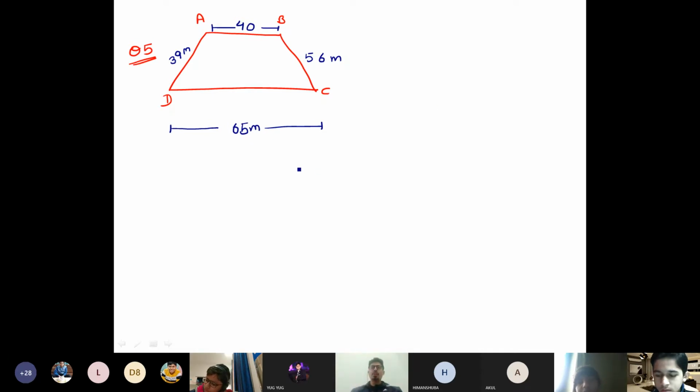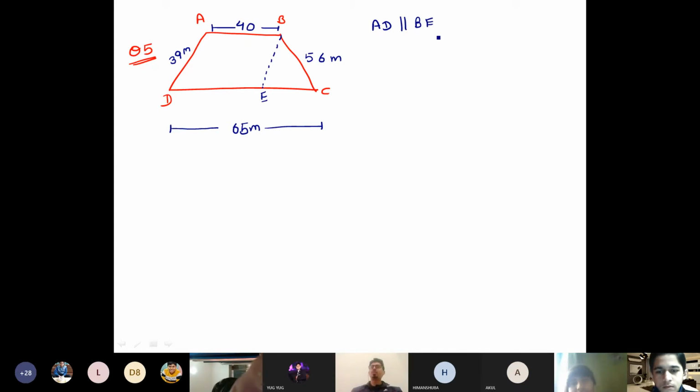So students, to find the area, we first have to draw a parallel line that is parallel to AD. Draw a line from B parallel to AD, so I draw it like this. I name this BE.